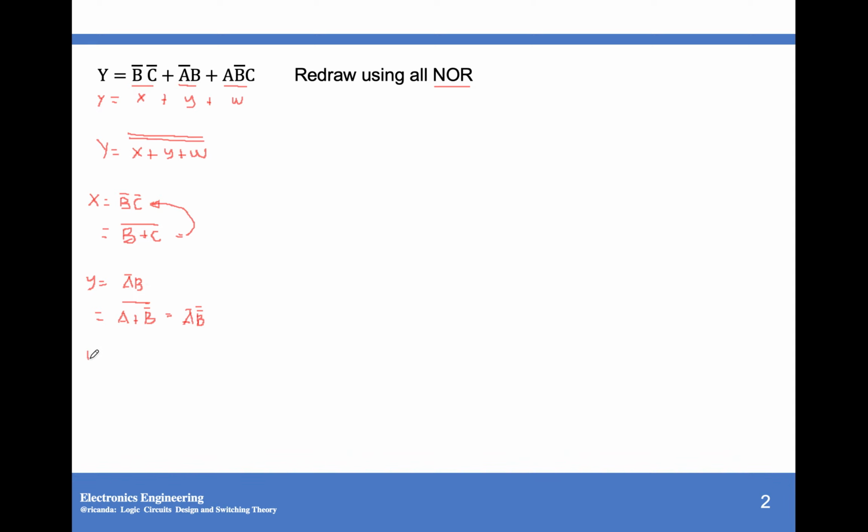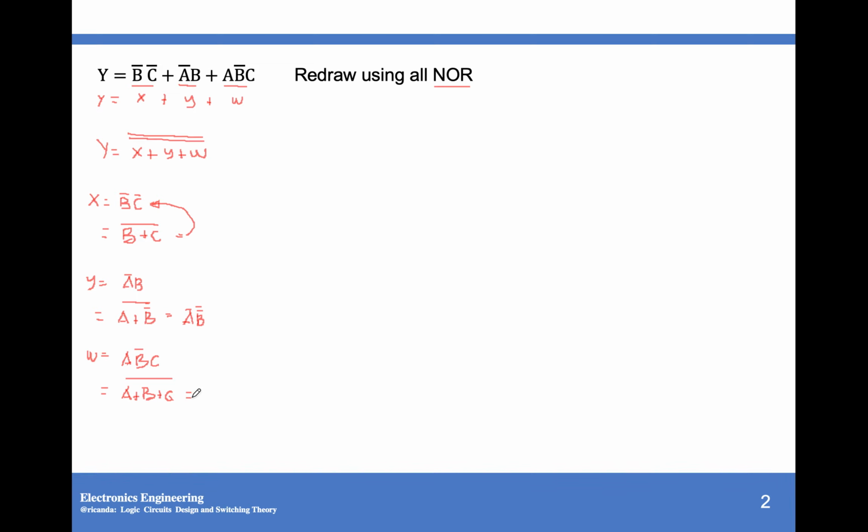For your w, it is equal to a, then we have b bar and c. If we use a NOR, that is a NOR b, a NOR c. So it is a NOR.